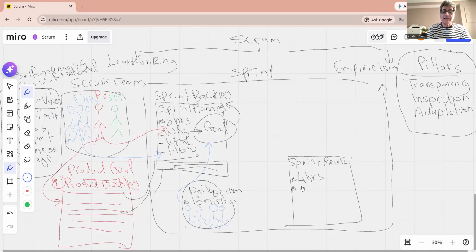Sprint review is attended by the whole Scrum team plus all the product stakeholders. During sprint review, the Scrum team demonstrates and inspects with the product stakeholders the increment that they have generated. This increment now becomes our third artifact that should be delivered and maintained by the team.